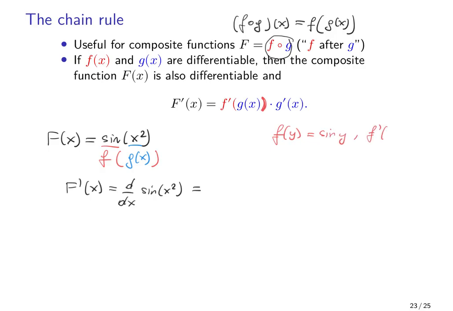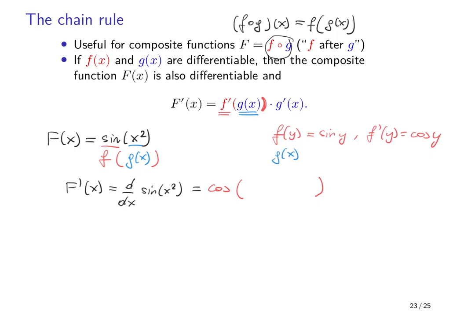F prime of y, that is cosine of y. And you see here, the first thing is that f prime. So you're going to take your f prime, your cosine in this case, and you're going to put it there. Now, your cosine is not going to be a function of y or of x. You're going to evaluate it at g of x.